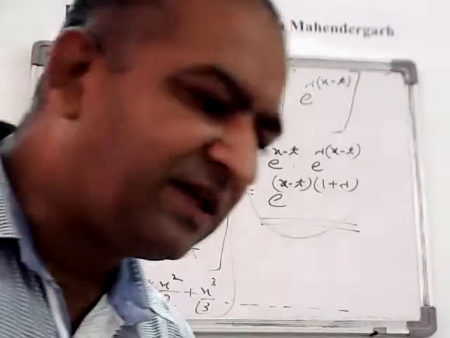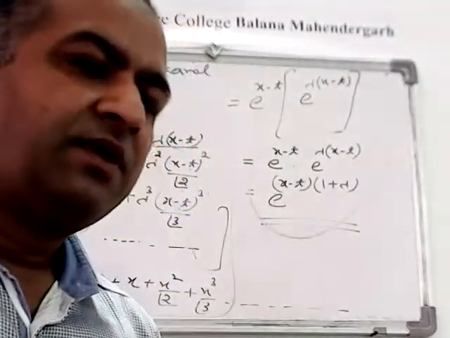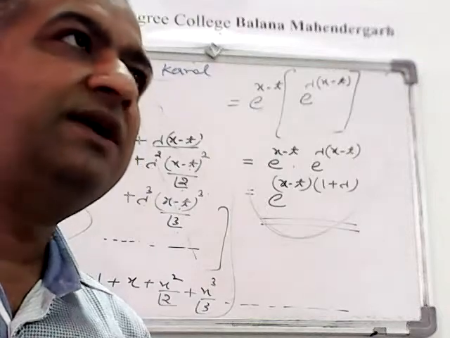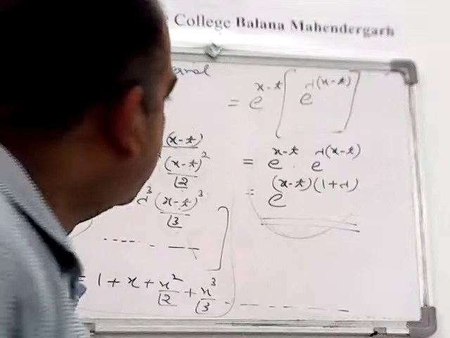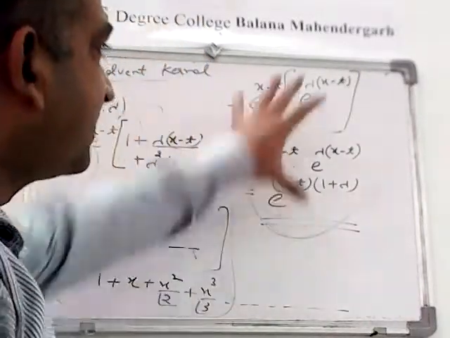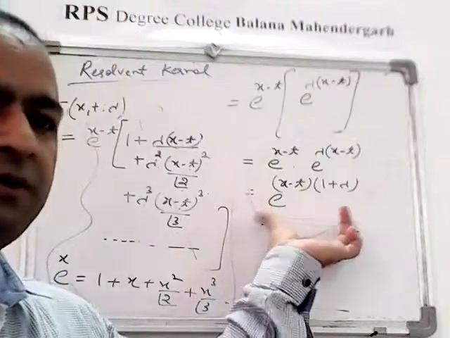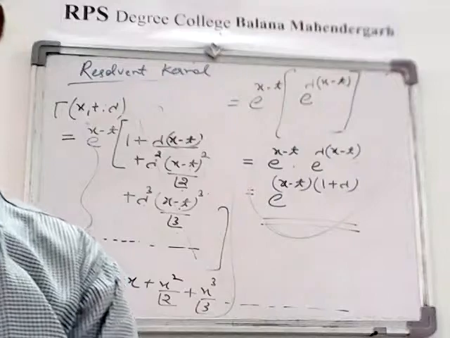In the Neumann series there is no need to carry forward, we will leave it there in the Neumann series, but in the case of this resolvent kernel we have to move further and try to find out up to this place. I think now the concept is quite clear.